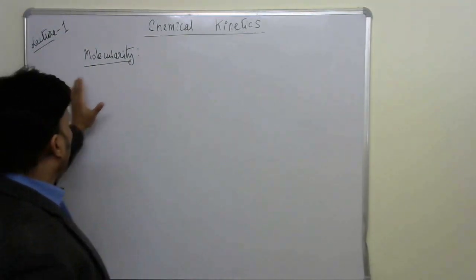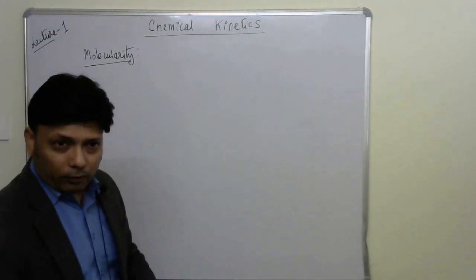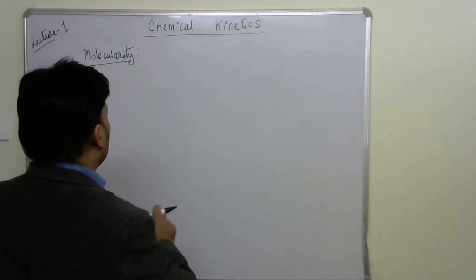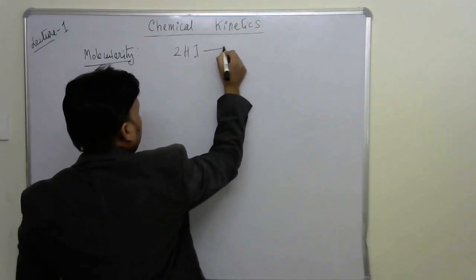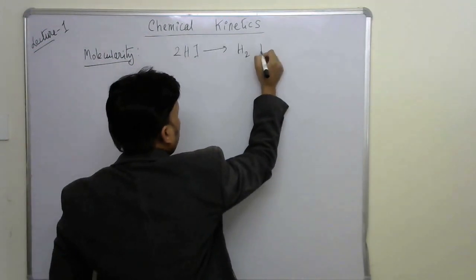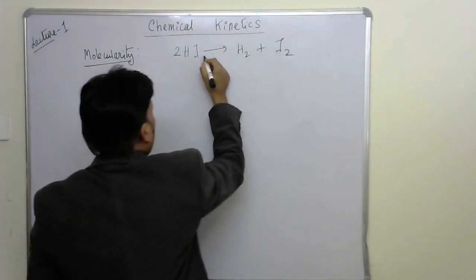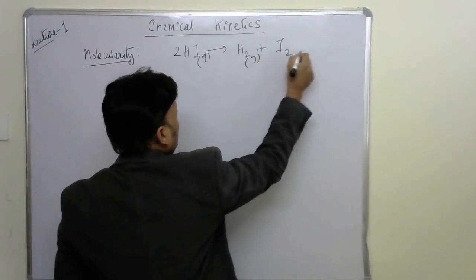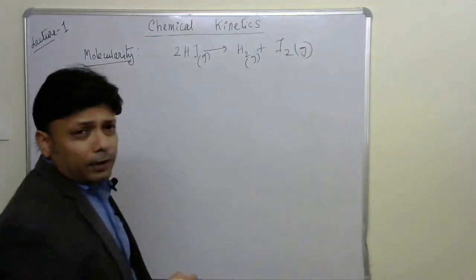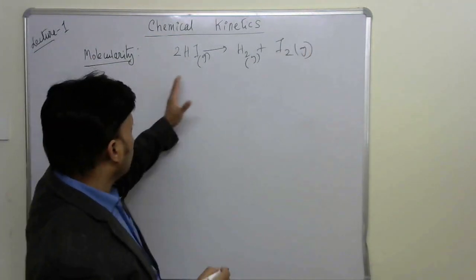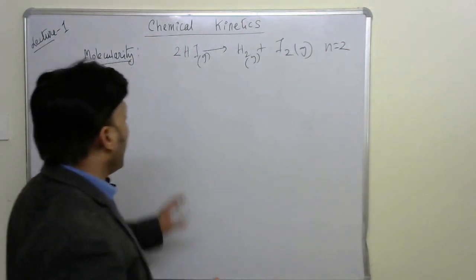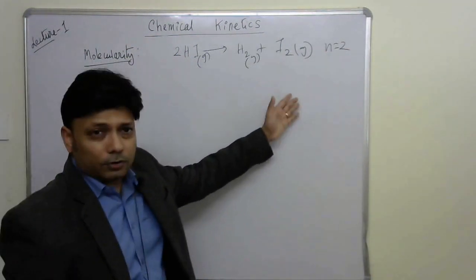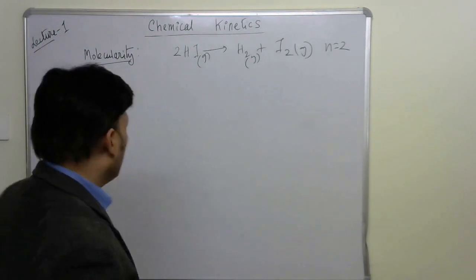So we are now going to define the new term molecularity. Before we begin defining it, let's remember our previous example, the dissociation of hydrogen iodide, which we already know is a second order reaction, n is equal to 2. Hydrogen iodide dissociates into hydrogen and iodine.